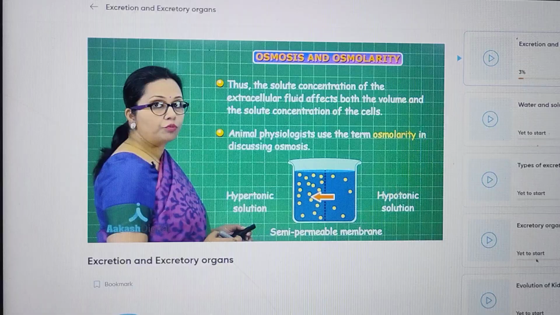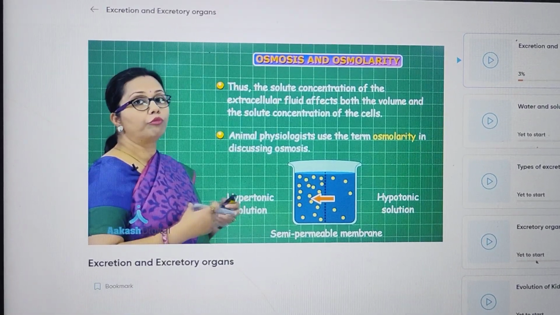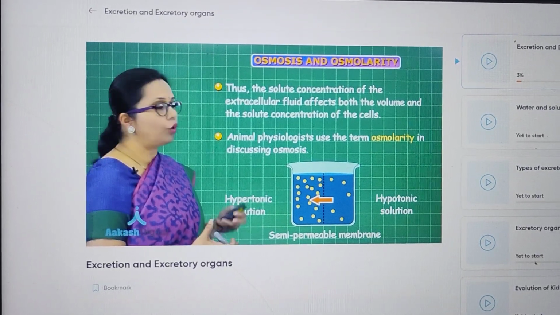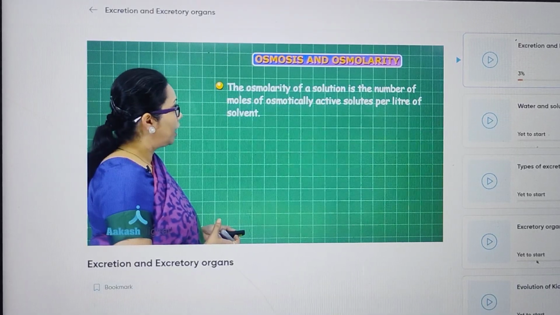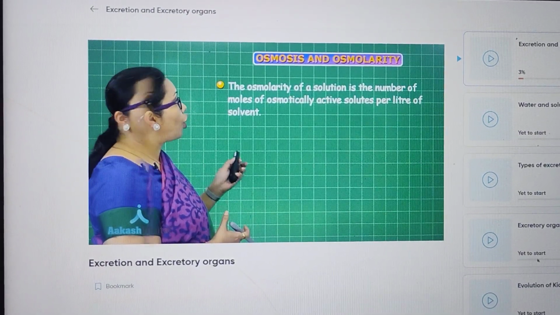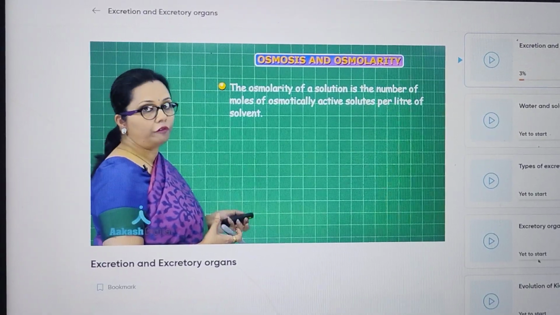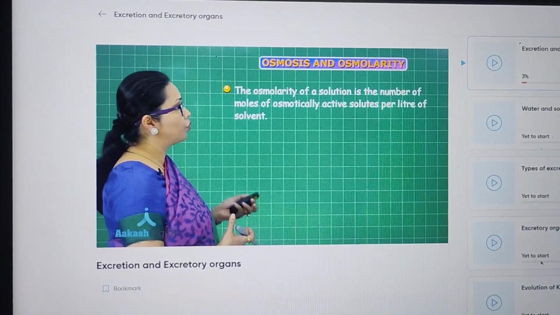So this is what is osmosis, and it is a very common phenomenon because the movement of water into and out of the cell takes place through osmosis. Now coming on to osmolarity. The osmolarity of a solution is the number of moles of osmotically active solutes per liter of the solvent. And here the solvent, of course, as we said in the living world, is water.